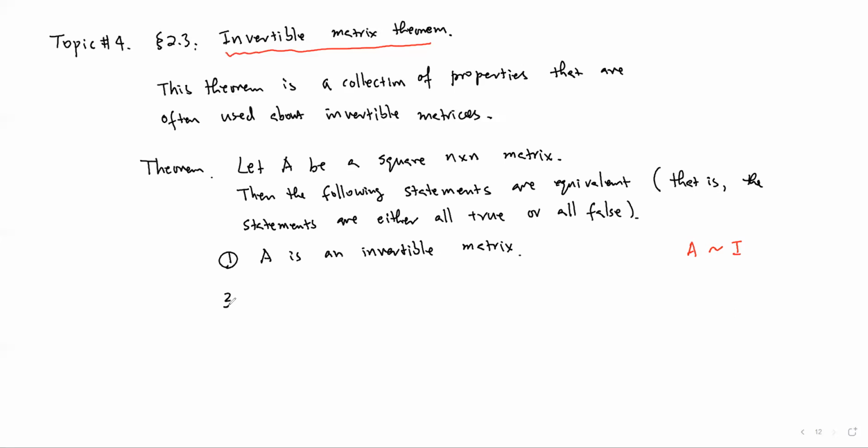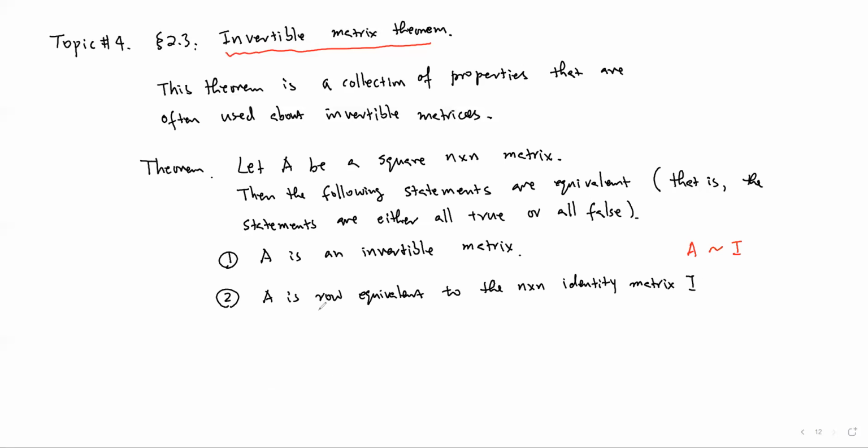So this statement is equivalent to the following statement. Number 2, A is row equivalent to the n by n identity matrix.